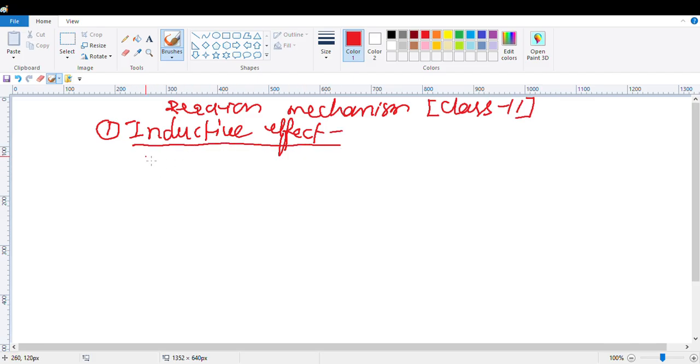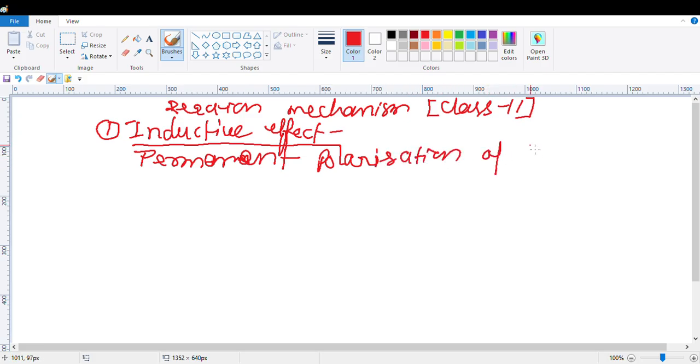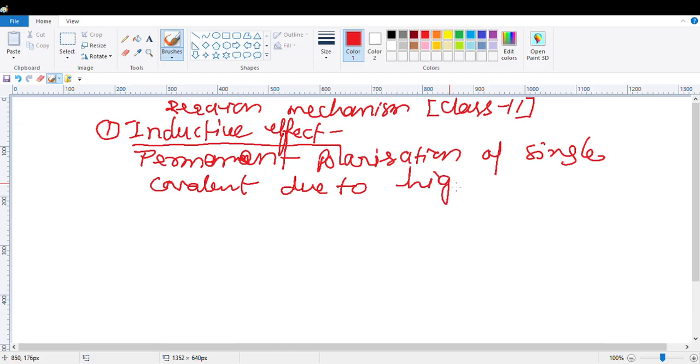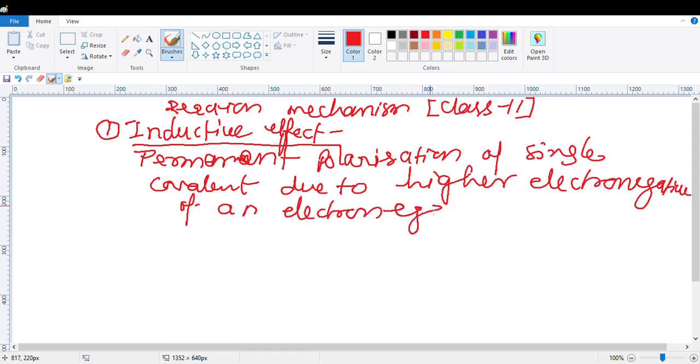Inductive effect. It says that permanent polarization of single covalent bond due to higher electronegativity of an electronegative atom bonded with carbon atom.